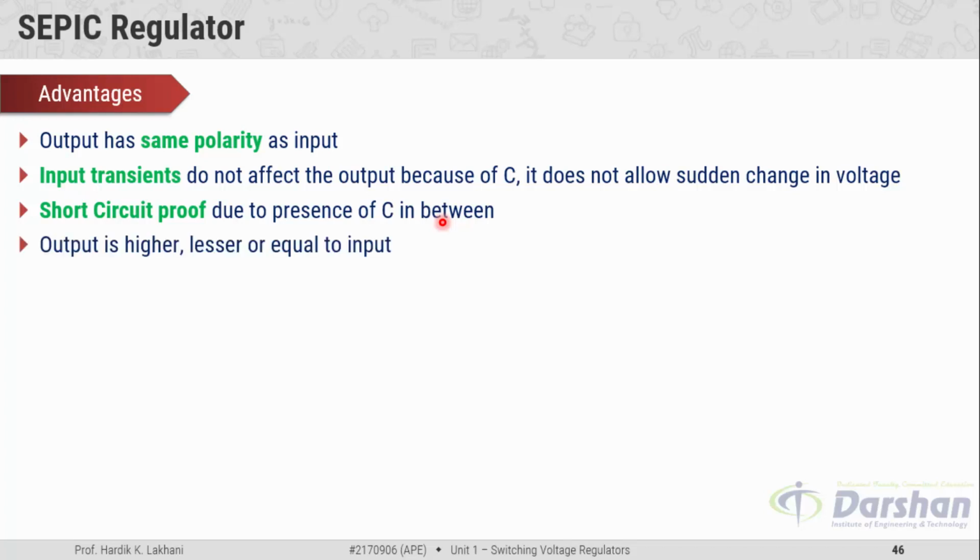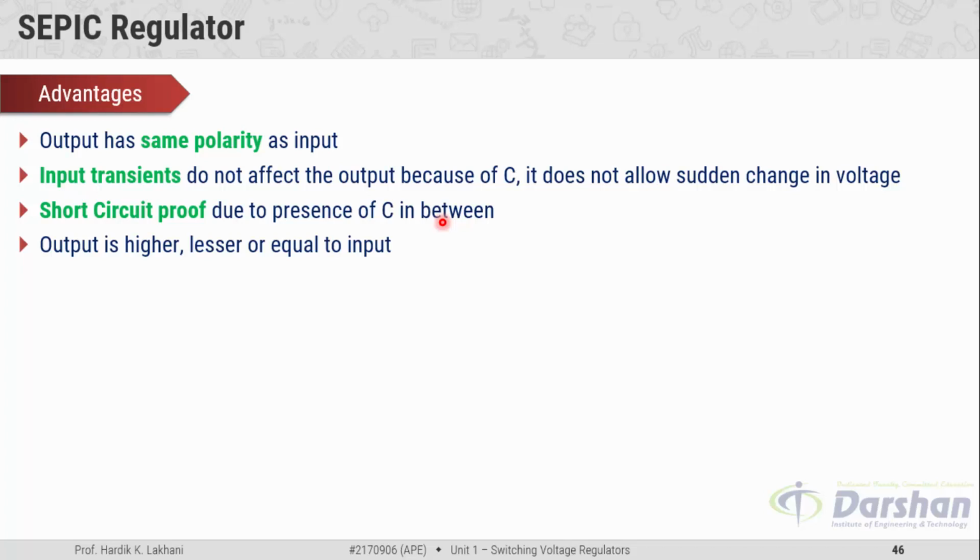The next advantage of the SEPIC regulator is that the output can be higher than the input, lesser than the input, or equal to the input, and that depends on the magnitude of the duty ratio. If the duty ratio is between 0 and 0.5, then the output voltage of the SEPIC regulator is less than the input voltage.